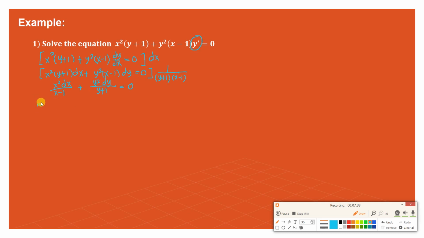Integrating both sides. So, we have the integral of x squared dx over x minus 1 plus the integral of y squared dy over y plus 1 equals to 0. Okay, integral ng 0, 0 pa rin. Kaya walang problema sa right side. So, paano natin i-evaluate itong equation na to?